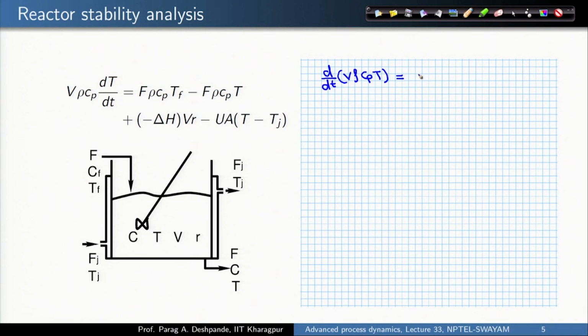My flow rate from the previous analysis was F in rho in C p T f, the feed temperature, minus, because of the flow, F out rho, the density in the reaction mixture, and that is the same density which is going out. So, rho C p T, T is the temperature at which the reaction mixture is there, and that is the temperature at which the stream leaves.